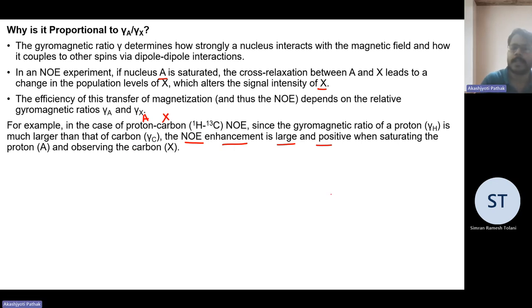So basically, there will be a large change in the signal intensity. If the saturating RF pulse is applied to the proton, because of the large difference in the gyromagnetic ratio of hydrogen and carbon, the perturbation will cause a high difference in the signal intensity.